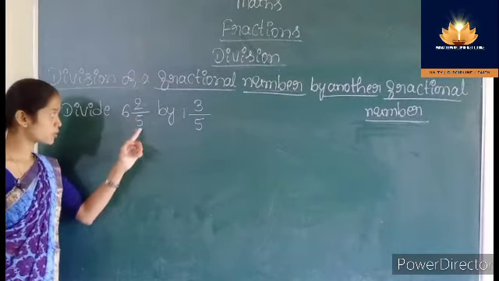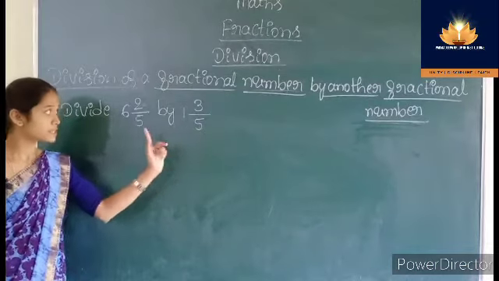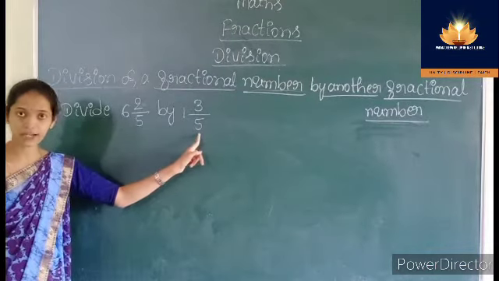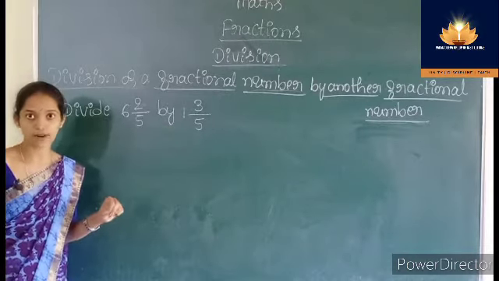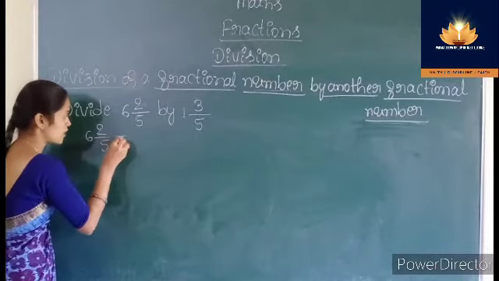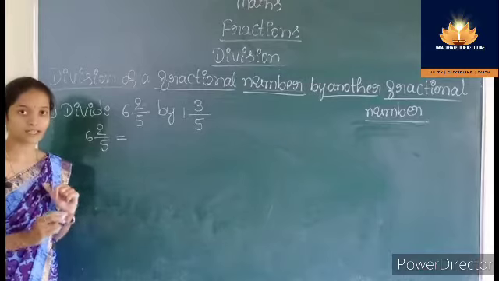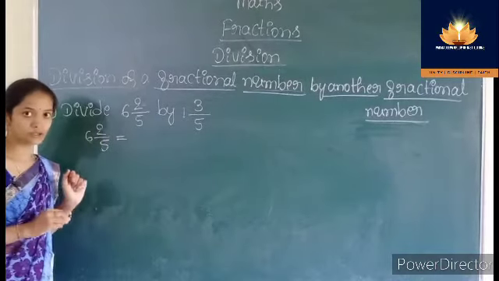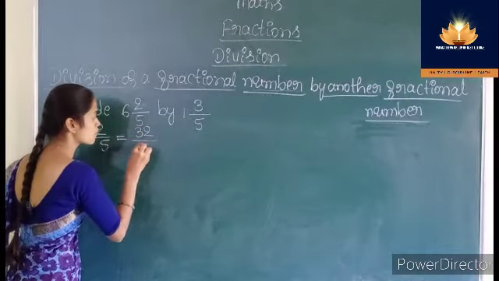Divide 6 2 upon 5 by 1 3 upon 5. These two fractions are mixed fractions. We have to convert these into improper fractions. Okay. 6 2 upon 5. 5 sixes are 30. 30 plus 2, 32. 32 upon 5.